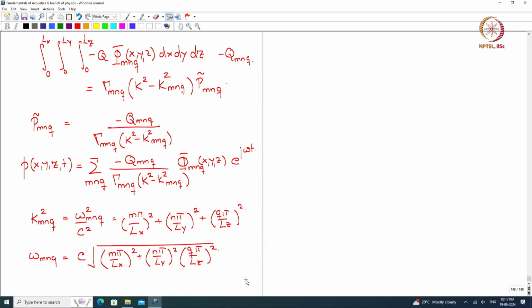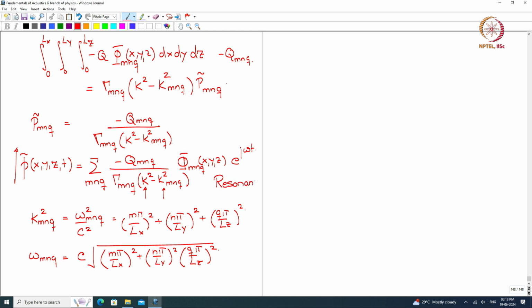Okay. So this is the excitation frequency, and if k square approaches k square m n q, then this pressure will go to a high value. That is the resonance condition.